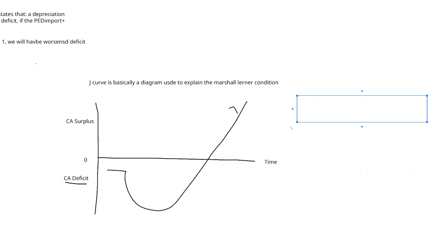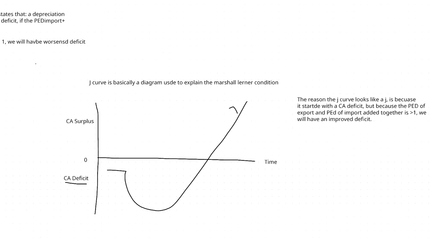Okay. But you might have noticed that we have the time axis here. This is a little bit extra than the Marshall-Lerner condition. So the J curve is the Marshall-Lerner condition illustrated with time.